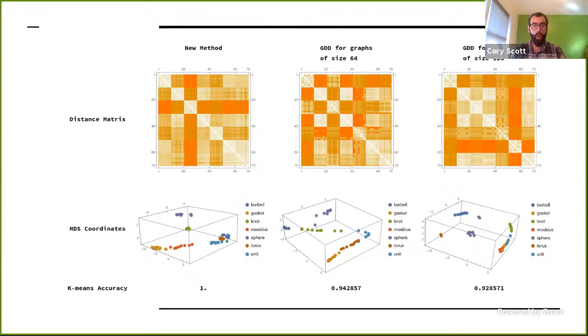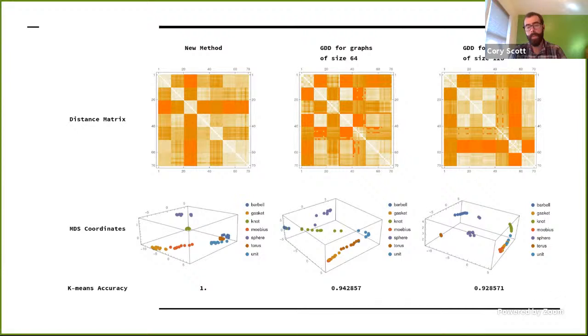So when we coarsen two of these cell complexes that way, and then compute the diffusion distance between the coarsened versions, those distances lead to much tighter clusters.